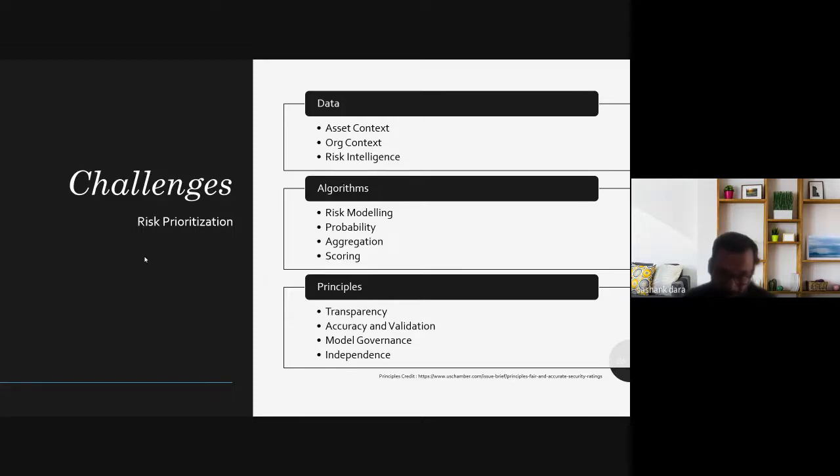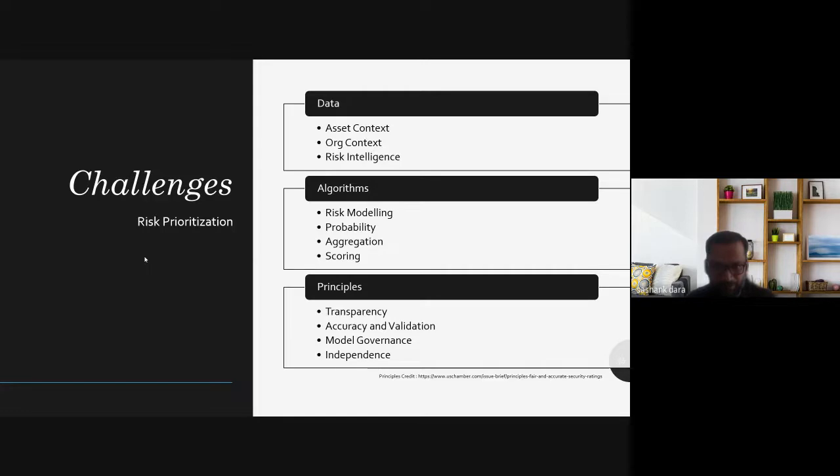Then model governance: how often you are updating these models, how often you are evolving them, and how independent these models are without getting too much influenced by various other factors. So these are some principles laid out by the US Chamber, and it's very important for any one of you working on risk prioritization challenges to keep these principles in mind so that they are more useful.